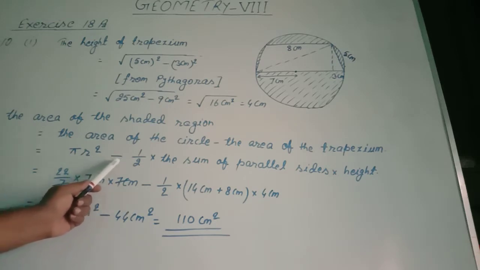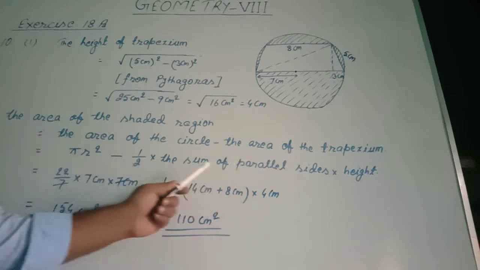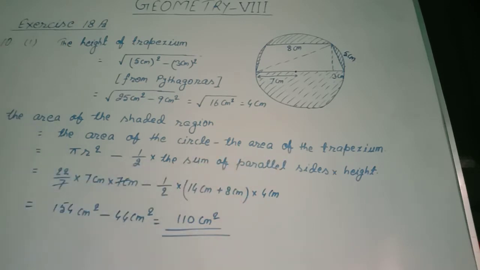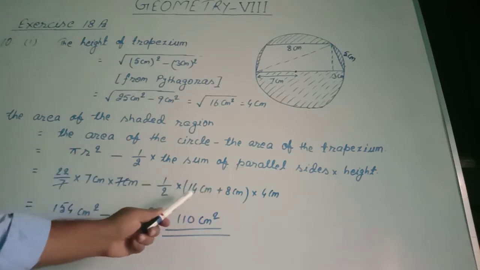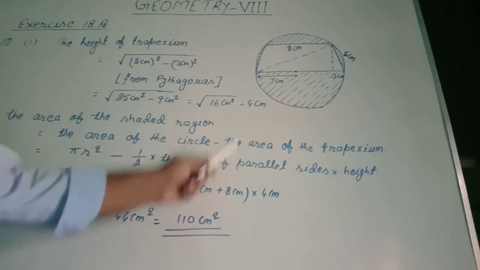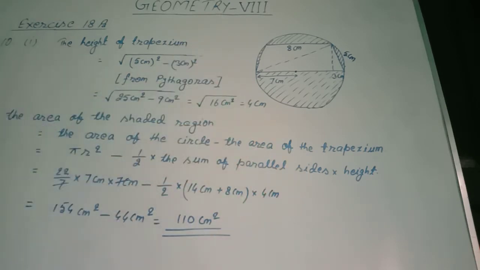Pi r square minus 1 by 2 into the sum of parallel sides into the height, that is the area of the trapezium. The value of pi is 22 by 7, radius is 7 centimeter into 7 centimeter, minus 1 by 2, the sum of parallel sides, that is equal to 14 centimeter plus 8 centimeter into that height we had got 4 centimeter.